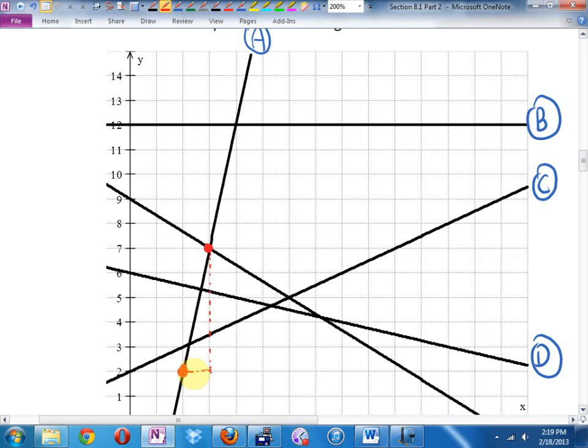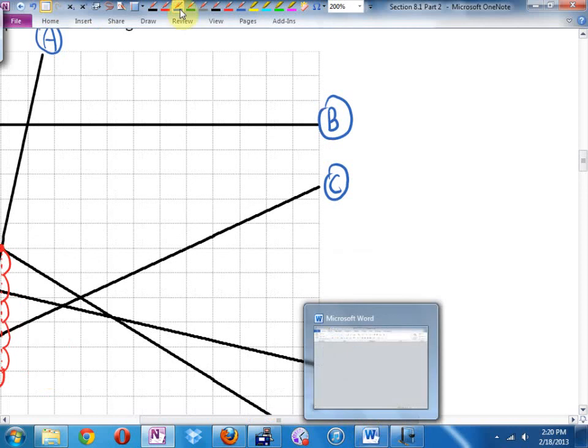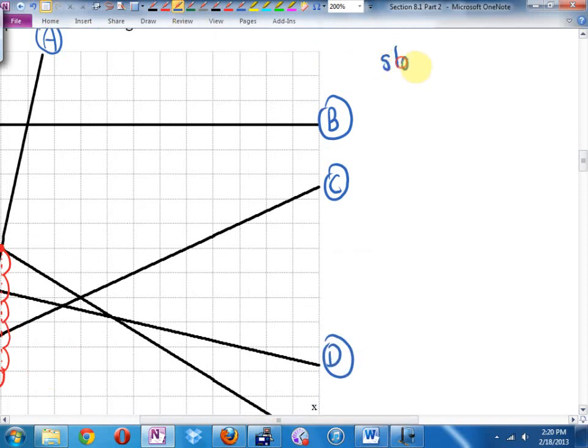What did we define slope as? What over what? The rise is 1, 2, 3, 4, 5. The run is 1. The slope of line A is 5 over 1. Or just plain old 5.